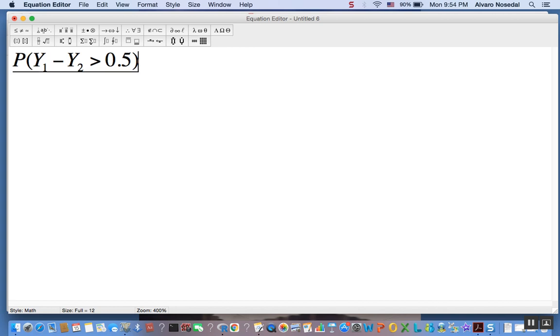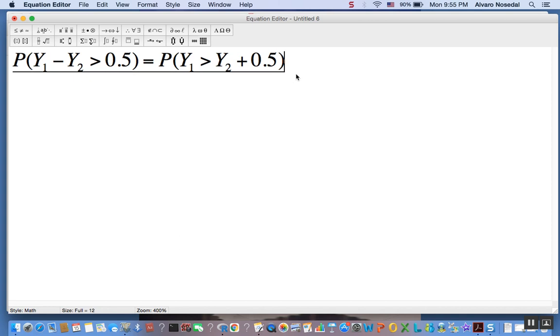What I would do first is this. We have a lot of experience dealing with just one random variable at a time. So how about I just do something like this. Let me solve for y1. Then what we have here is y2 plus 0.5. So these two events are equivalent, right?